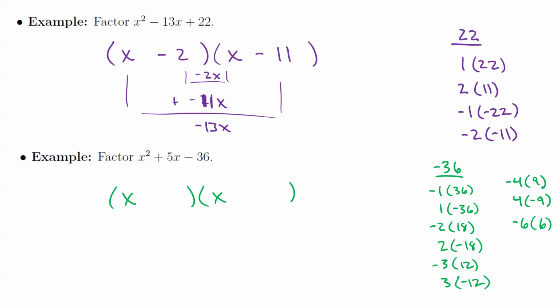Now, after all that, remember what we're looking for. We need the outside plus the inside to equal positive 5. So this time we're looking to add the numbers that I've listed here, but one's positive and one's negative, right? So if I zero in on this one here, that pair, negative 4 plus 9, does give me a plus 5.